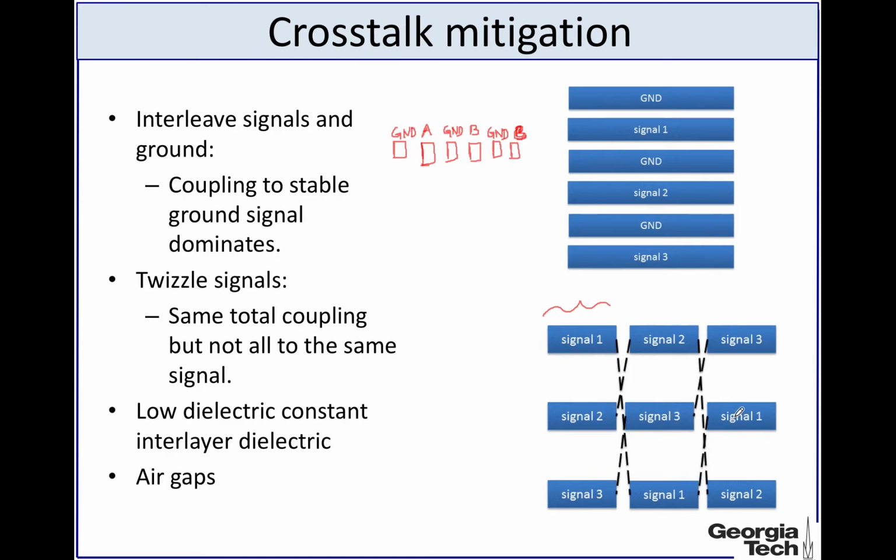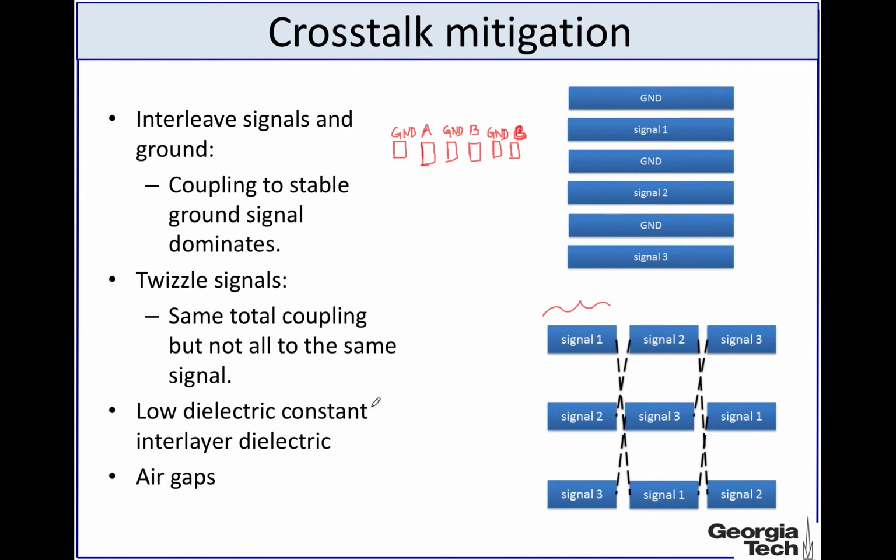And again, after some length, you twizzle it such that signal 1 changes its position with respect to signal 2 and signal 3. And as a result, you mitigate the effect of crosstalk to some extent in this way as well. And the other techniques are to use low dielectric constant interlayer dielectrics, ILDs, and use air gaps.